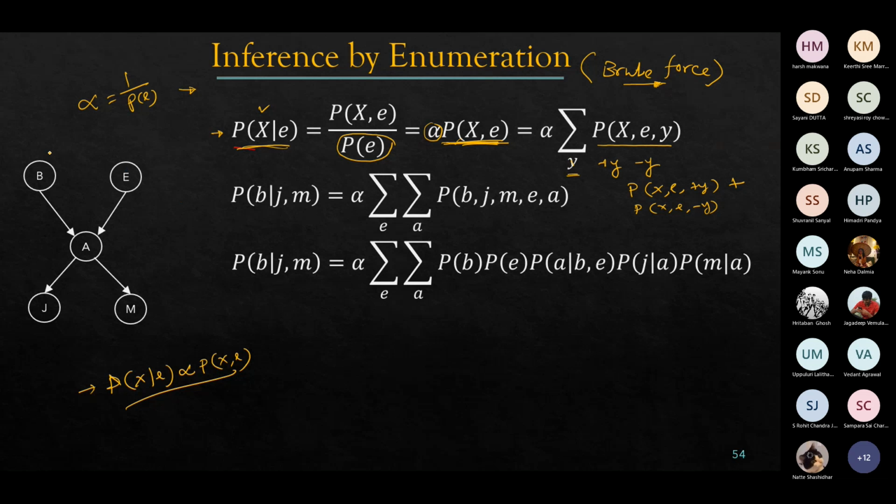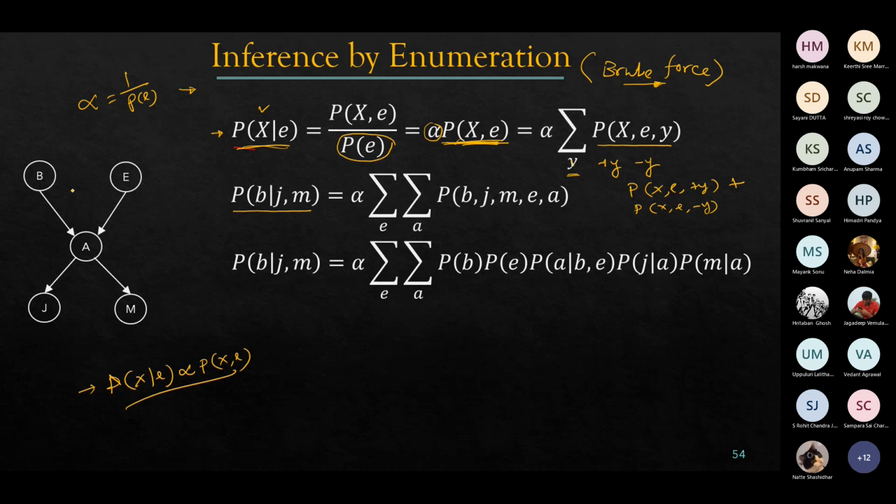Now, this is the given Bayesian network, where the alarm depends on the events of burglary and earthquake, and whether John calls or Mary calls depends on whether the alarm is going off or not, right? From this, we want to compute the probability of burglary given that John and Mary call.